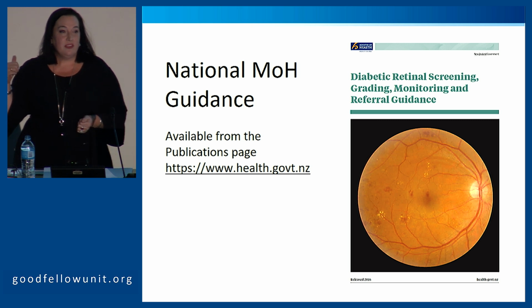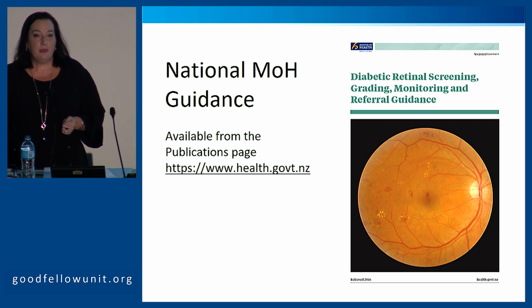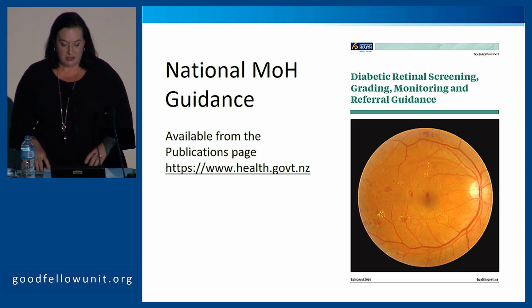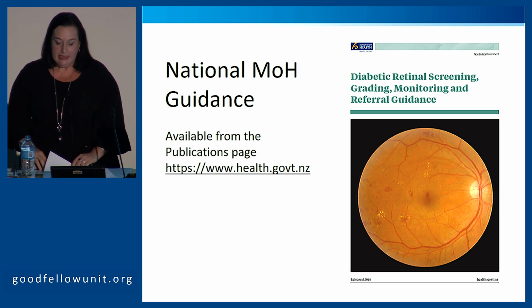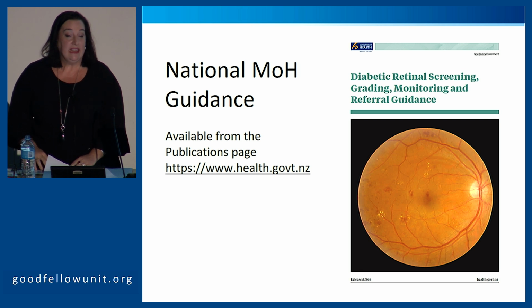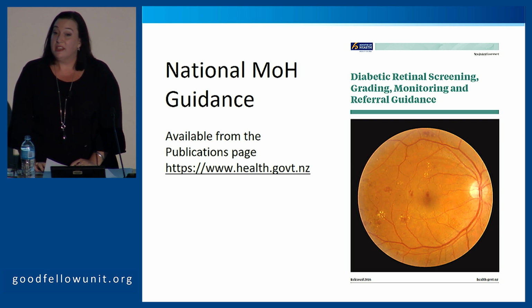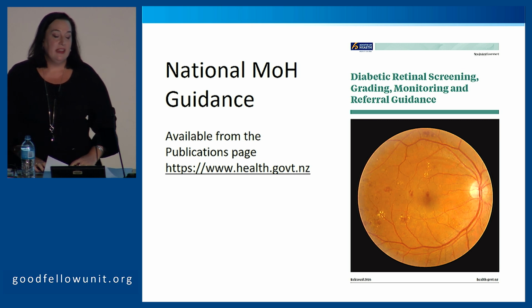You can get a copy of this document, it's about 30 pages, by jumping onto the ministry website, just type in diabetic retinal screening. The scary part for funding and planning is that the ministry has stipulated that it would be ideal if all DHBs would screen 90% of their eligible diabetic population. That is a massive ask, okay?